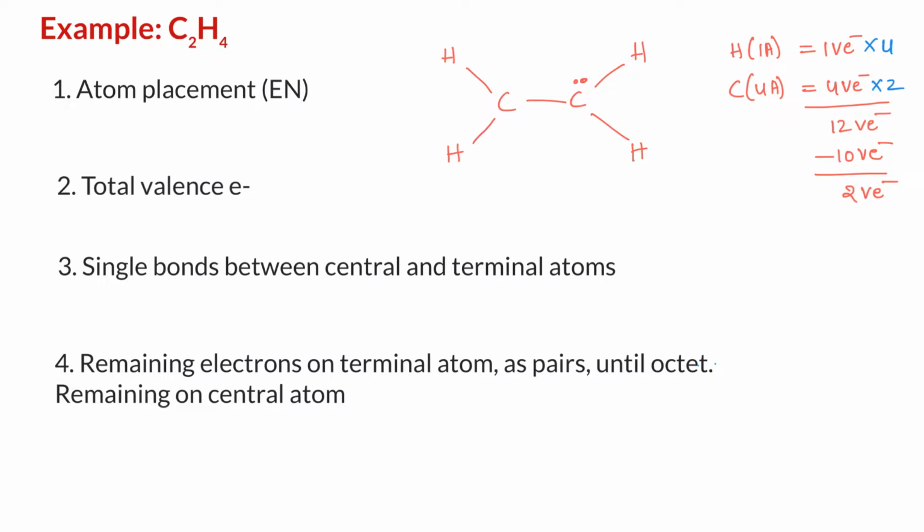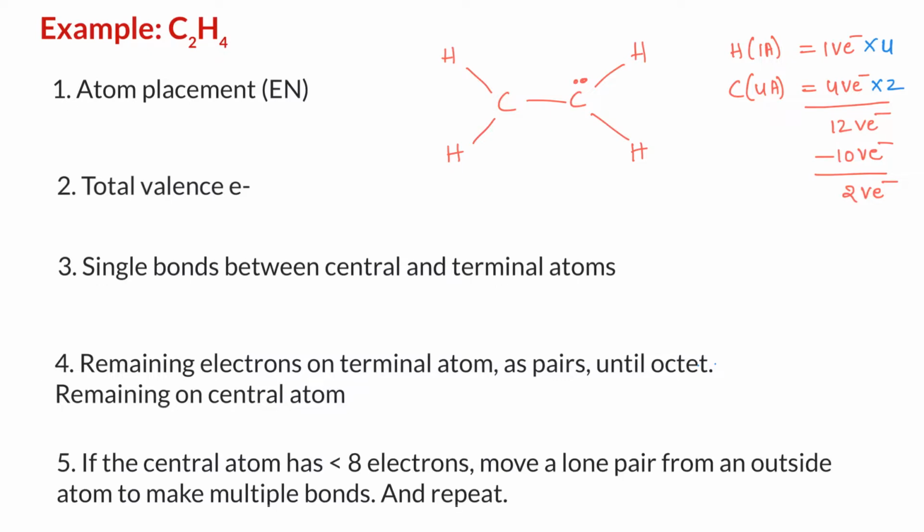What are we supposed to do now? We are going to use the 5th guideline. According to the 5th guideline, after we use all the remaining valence electrons, if the central atom still has less than 8 electrons, move a lone pair, that is a non-bonding electron pair, from an outside atom to make multiple bonds until the central atom becomes an octet.